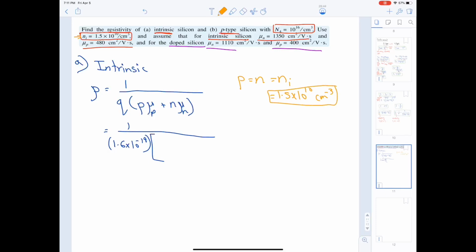So we'll plug this number in here, 1.5 times 10 to the 10. Mu p for intrinsic is 1350, plus n. What's n? Same as the concentration of holes, 1.5 times 10 to the 10, multiplied by 420, the mu n of the intrinsic.